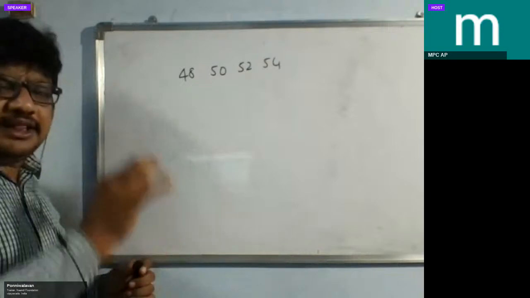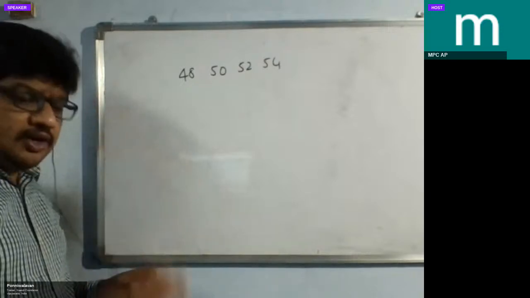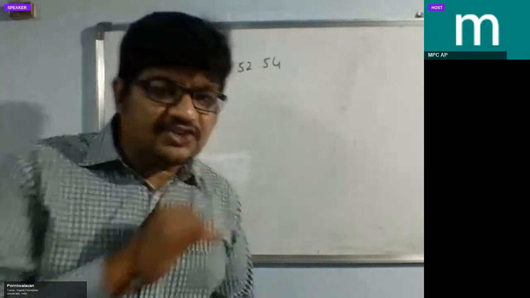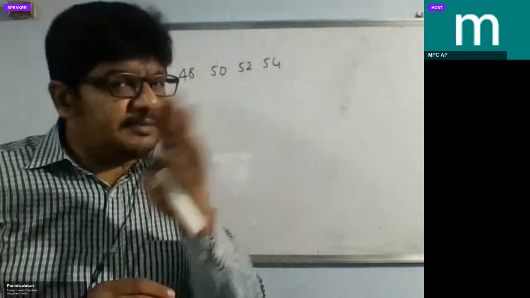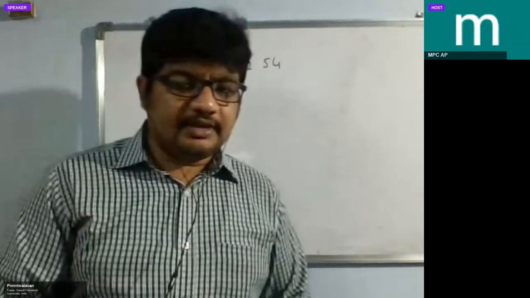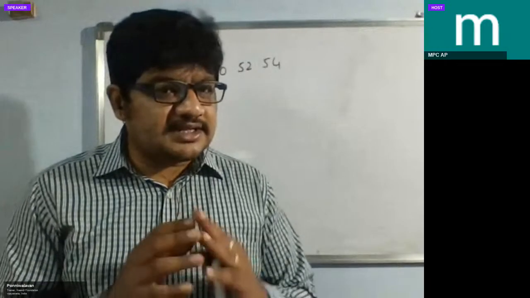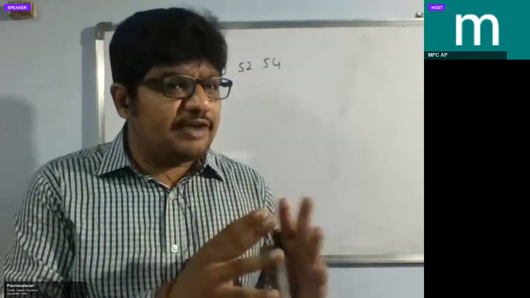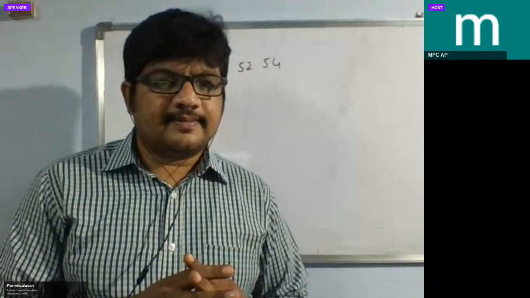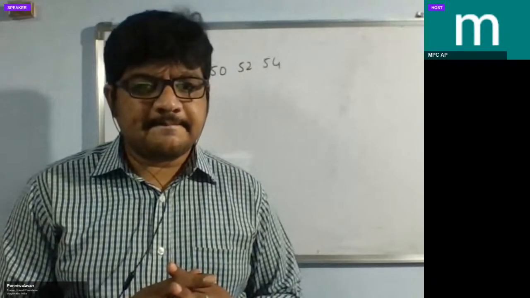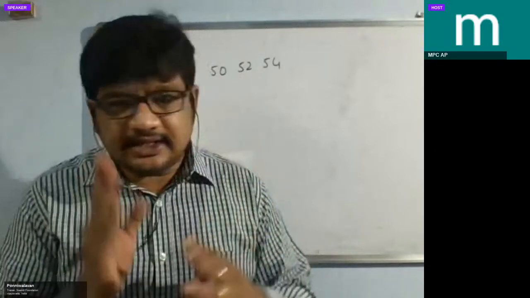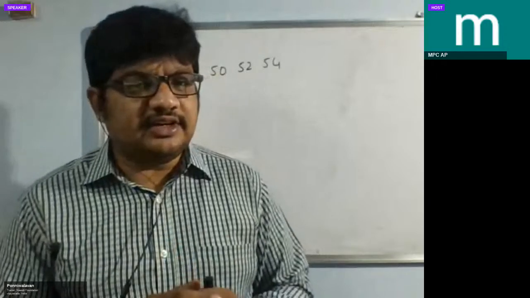AP means arithmetic progression. Arithmetic progression means what is the average formula? First number plus last number divided by 2. Is that the only formula I gave? Just recall yourself and tell me.